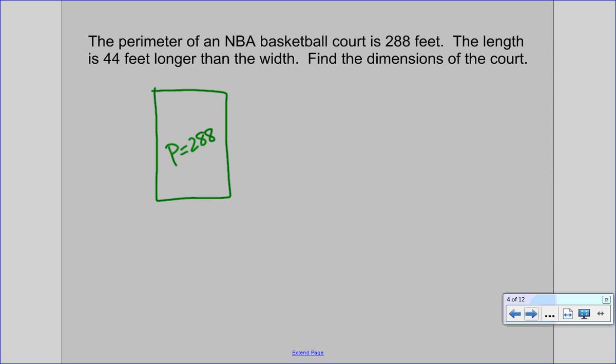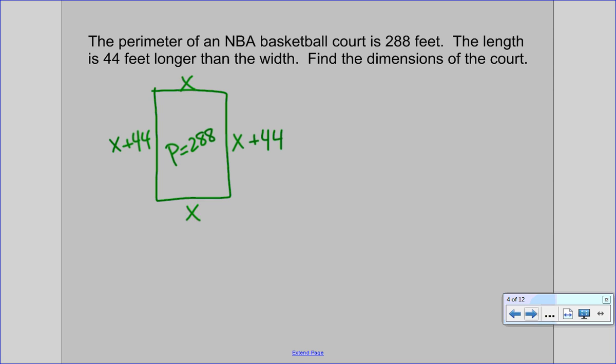In this problem, I know that the length is 44 feet longer than the width. I don't know what the width is, so I'll call that x. But I know that the length is 44 longer than that. And this picture helps me visualize what I'm going to do in this problem.